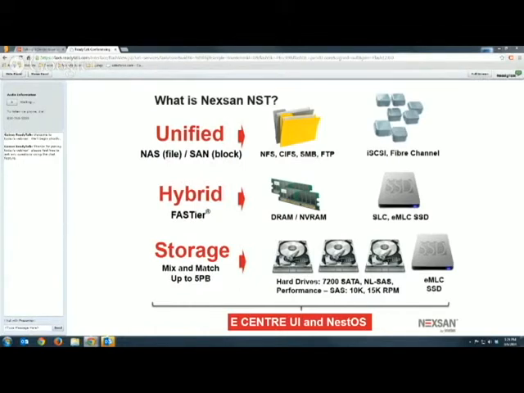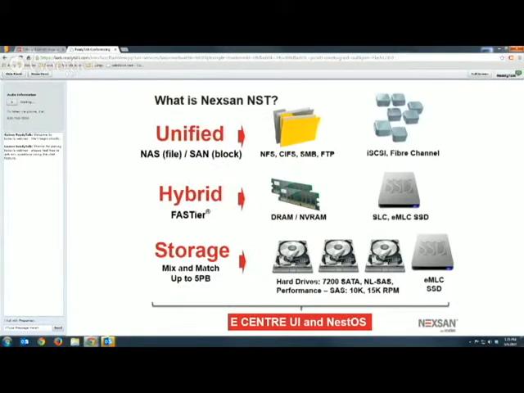The hybrid portion is where we take in our fast tier, our caching technology. We utilize a combination of DRAM and NVRAM, or non-volatile RAM, and then either SLC or eMLC SSDs to provide the read caching level. So the DRAM is for the writes, the SLC or eMLC is for the reads.